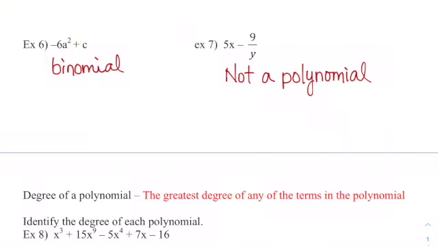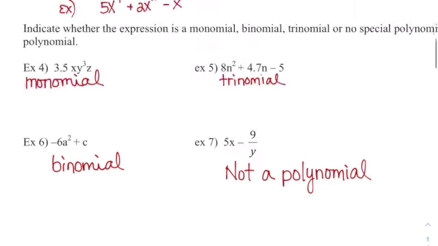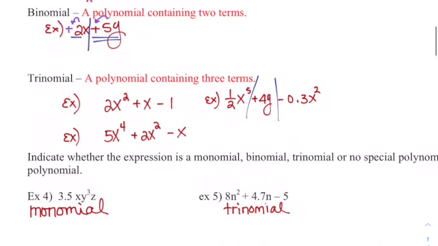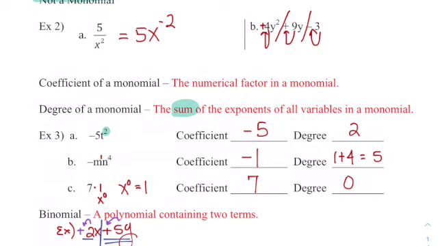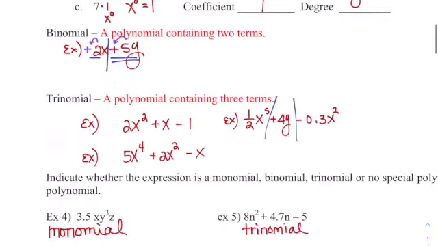Next thing we're going to talk about is the degree of a polynomial. Okay, a lot of people get confused between the degree of a polynomial and the degree of a monomial. In a monomial, you just add every single exponent in one term.